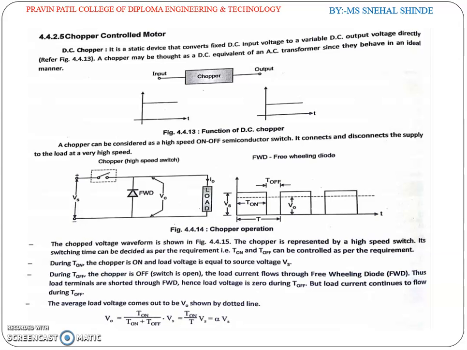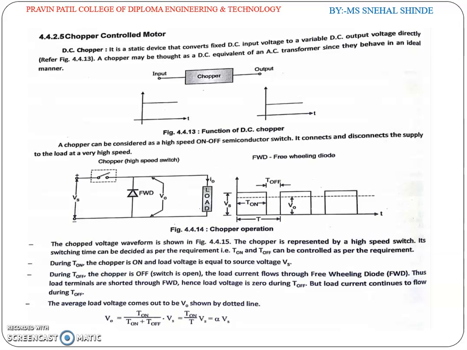Here is the chopper operation and the chopper waveform. The chopper is represented by a high-speed switch. Its switching time can be decided as per the requirement, that is, T on and T off can be controlled as required.